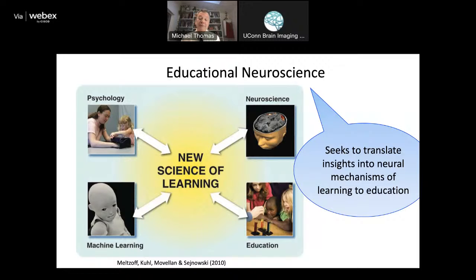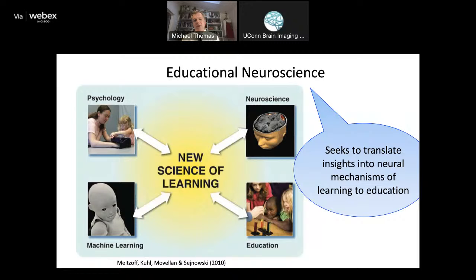And there has been a very long history in modern psychology of interaction with education. The original Stanford-Binet IQ tests at the beginning of the 20th century were all wrapped up in optimizing educational outcomes.